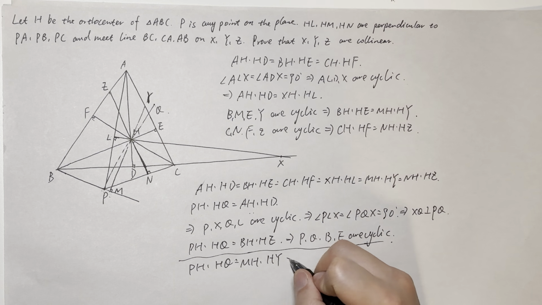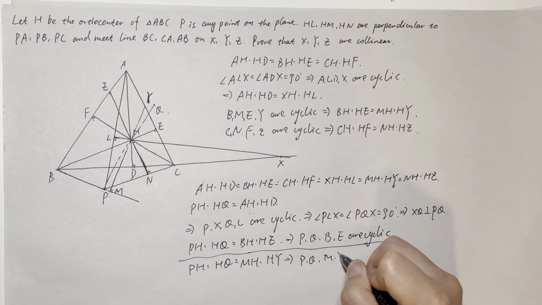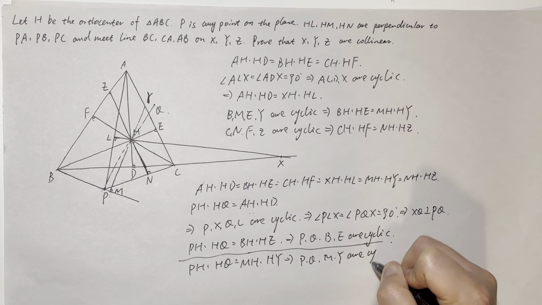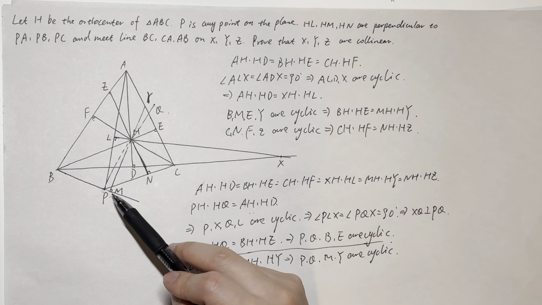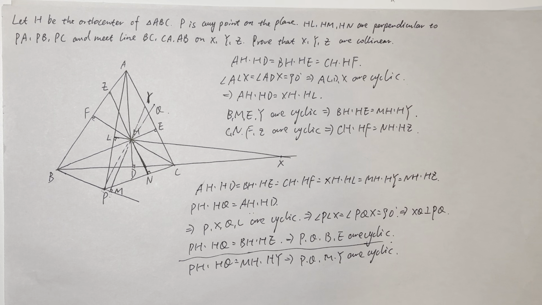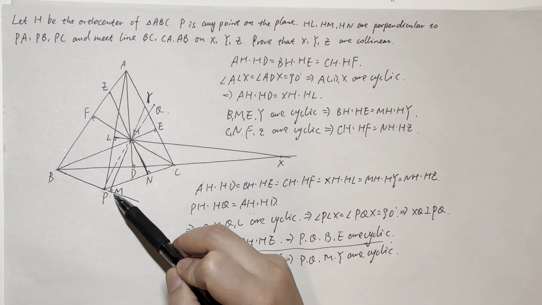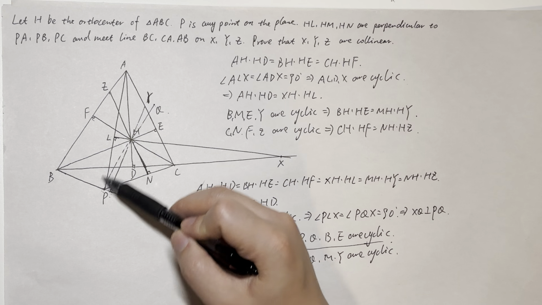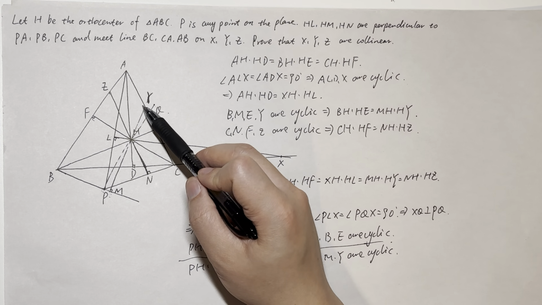That means P, Q, M, Y are cyclic, right? And we already know that the angle PMY references the chord PY, and angle PQY also references the chord PY.